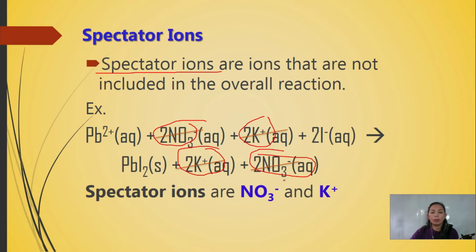So we call them spectator ions. Again, spectator ions are those ions that are present both on the reactant side and on the product side. Okay, in this reaction, our spectator ions are nitrate ion and potassium ion. Do you understand? Very good.